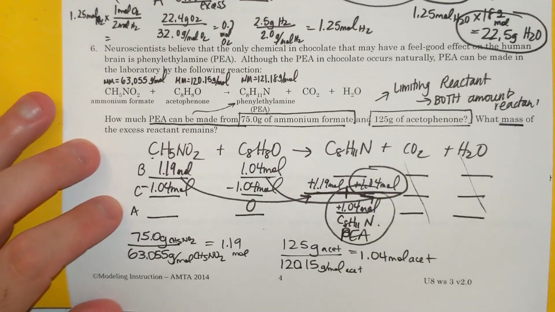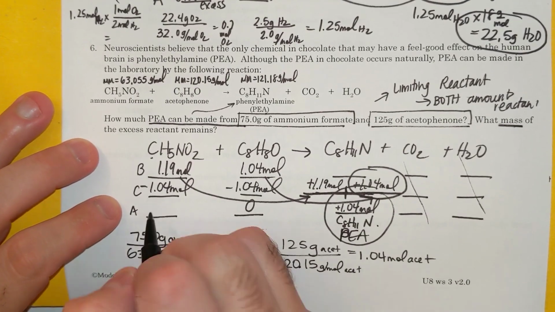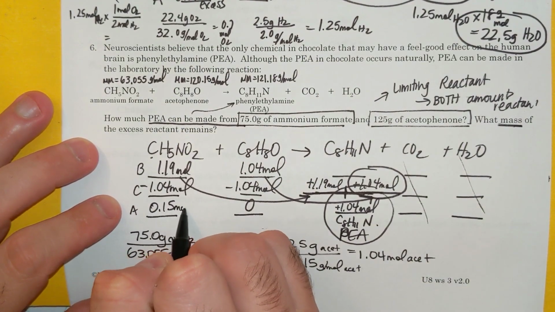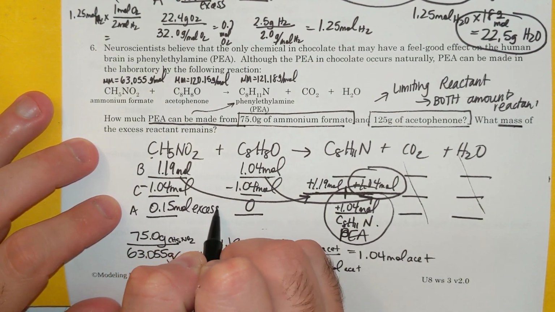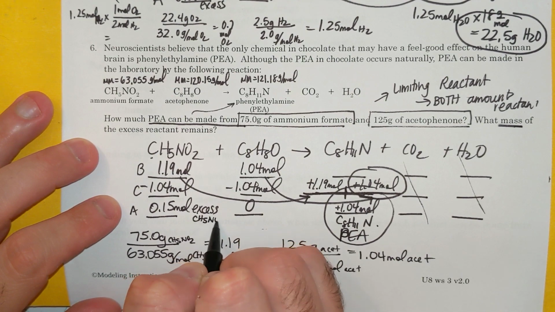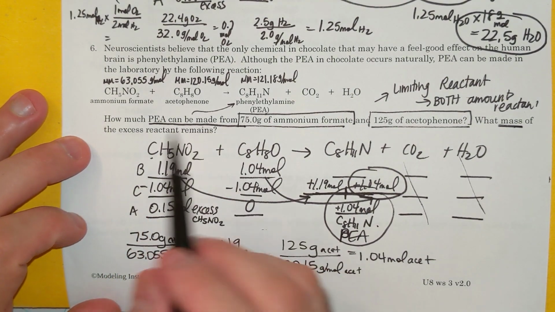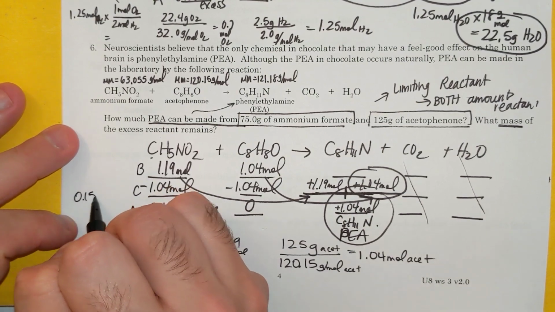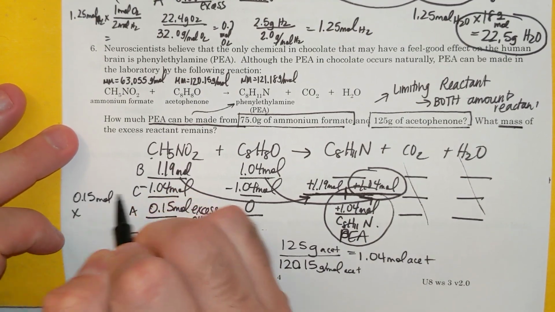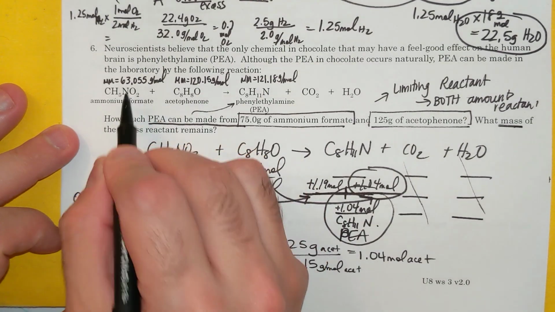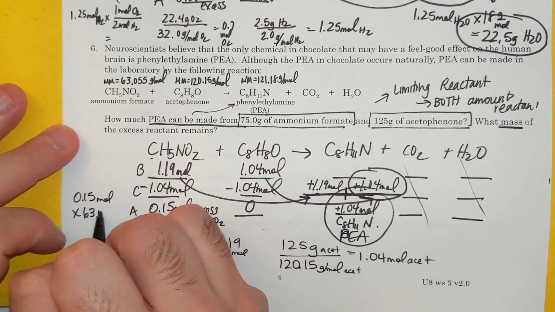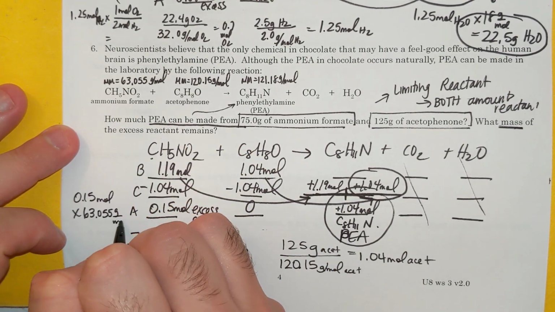And if I do my math correctly, 1.19 minus 1.04, I get 0.15 moles in excess of CH5NO2. And then it wants the grams, so if I have my moles of excess, I have to multiply times the molar mass, 63.055 grams per mole.